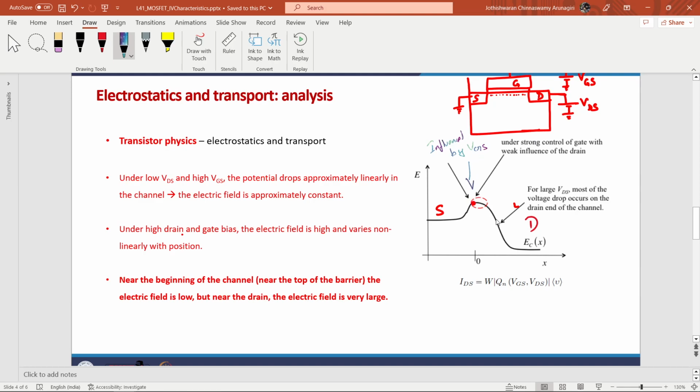And we want this slope to be influenced by VDS.